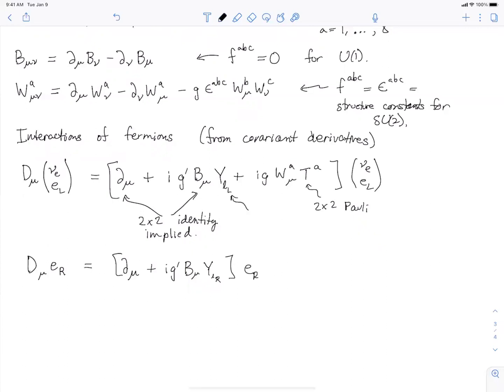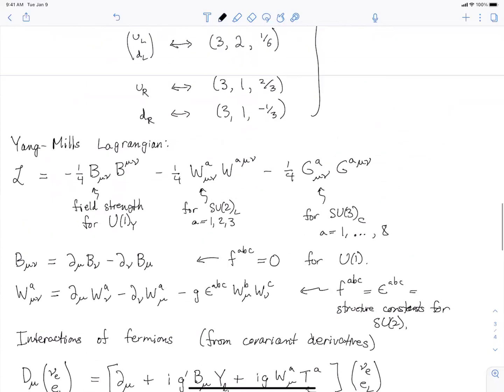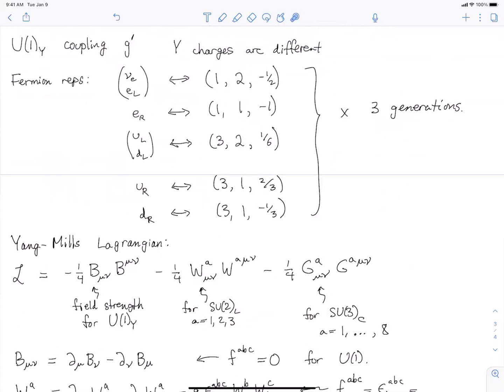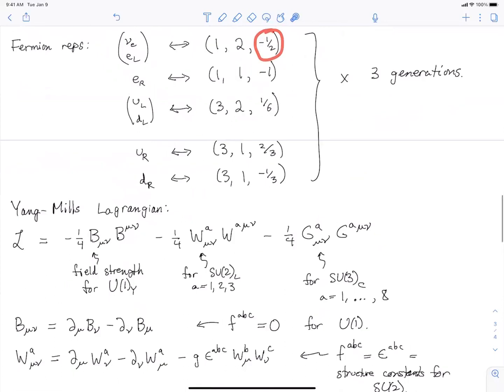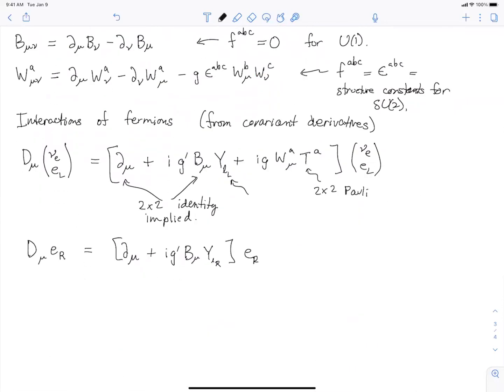This, by the way, is nothing other than, you go up and look here and you can read off that it's minus 1/2. So this is minus 1/2 and this is minus 1. So they are specific numbers. The g and g prime are the couplings. The B mu's and the W A mu's are the vector fields. But then the coupling is determined by these charges, which are always just rational numbers.